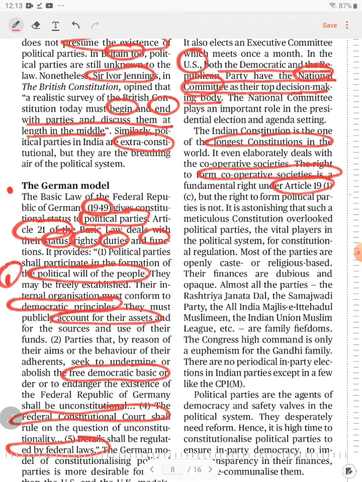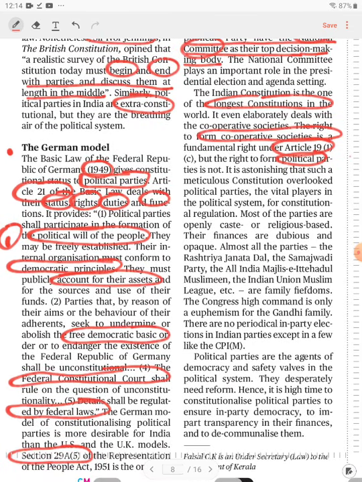But how about forming a political party? The right to form a political party is not even mentioned there, right? It is not even a fundamental right. Forming a political party, which is very essential for governing the nation, is not there in the fundamental rights. So how did the constitution makers ignore this? That is a very strange thing, right?